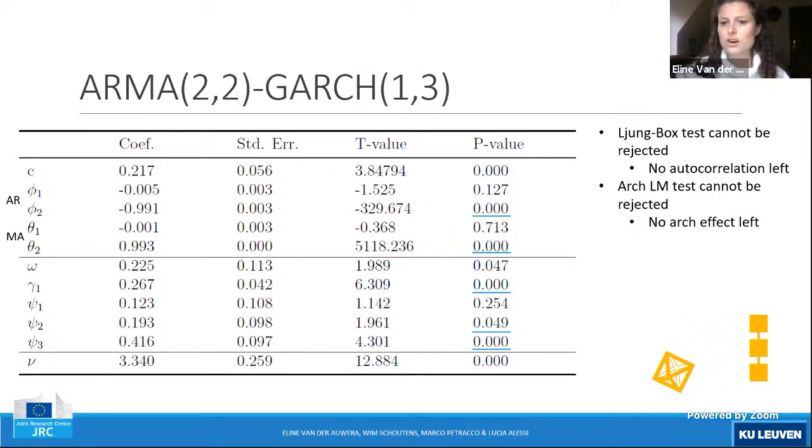And then we used the ARCH-LM test to see if there were no ARCH effects left, which was also the null hypothesis. Again, we found that the null hypothesis could not be rejected, and therefore we concluded that our model was correctly specified.